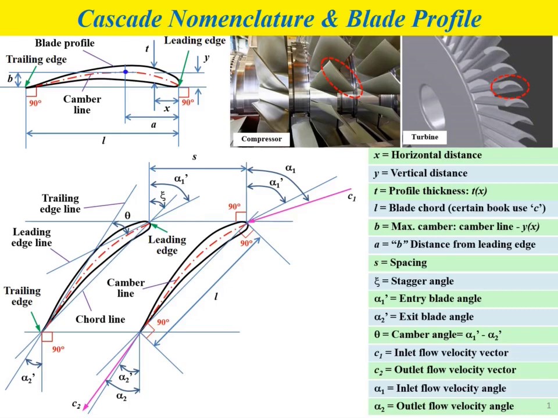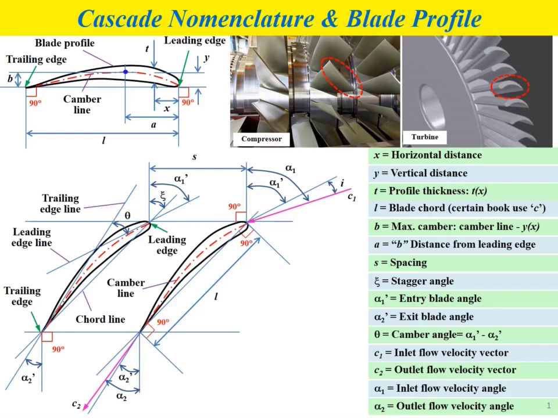The inlet blade angle and exit blade angle are normally fixed and depend on the blade profile shape. However, the flow velocity angles, the inlet flow velocity angle and the outlet flow velocity angle, normally change depending on the condition of the fluid flow at the inlet and at the outlet.